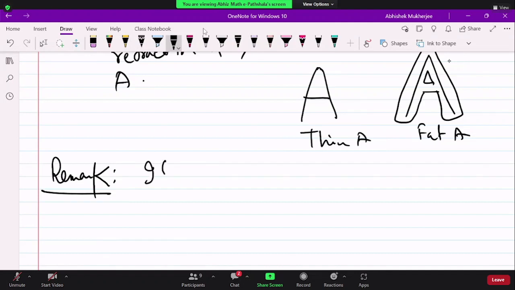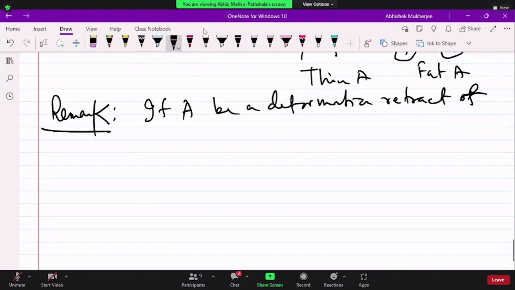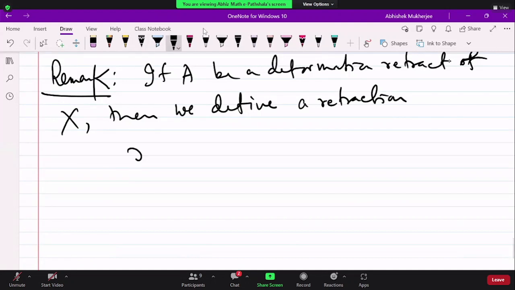that if A be a deformation retract of X, then corresponding to that H, we define a retraction. What is that?